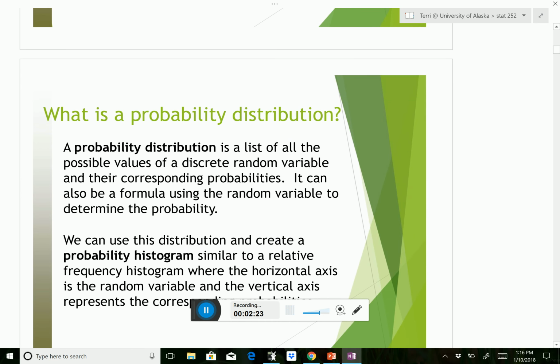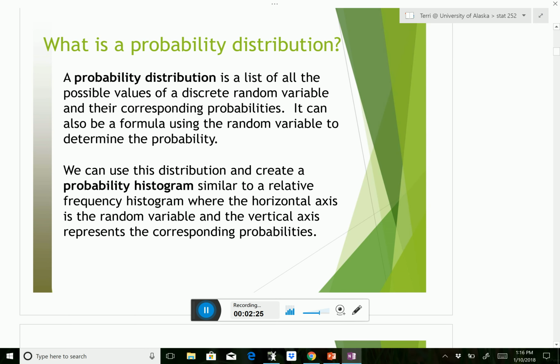Okay, so let's talk a little bit about what a probability distribution is. Probability distributions are a list of all the possible values of your discrete variable, so that's why you want it to be listable, and their corresponding probabilities. That's one way to do it. It's usually like a little table.